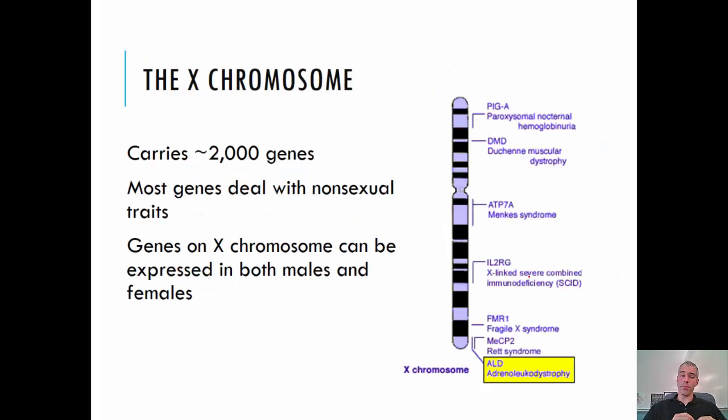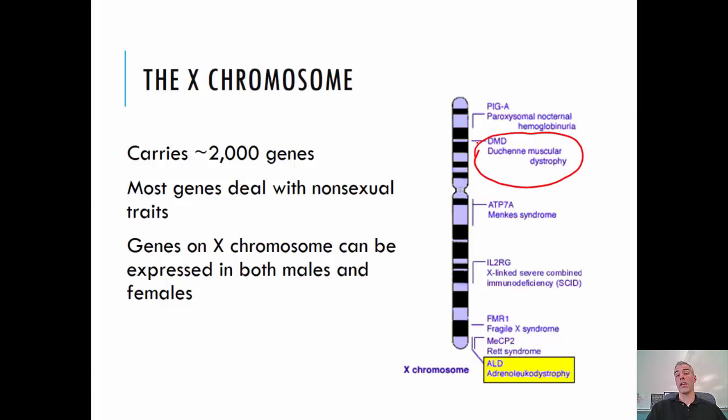The X chromosome carries around 2,000 genes. It's a pretty large chromosome compared to all the chromosomes. But most of the genes on the X chromosome, even though it is a sex chromosome, deal with traits that are unrelated to sex determination. As you can see here, we have the Duchenne muscular dystrophy gene.